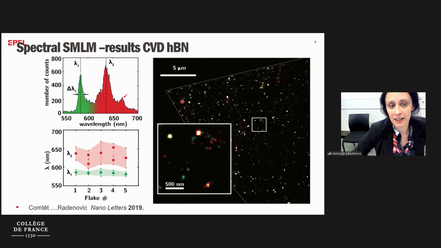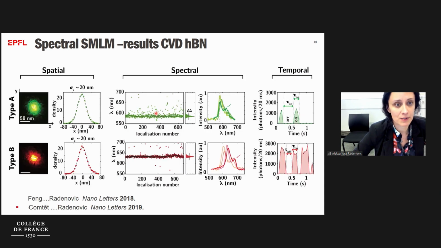So we can then characterize the CVD-grown hexagonal boron nitride in the same way, or this nice hexagonal boron nitride that has been exfoliated and treated with the plasma. So we now have tools to spatially address the location of the defects, to read their spectral signatures, and also to have information about their temporal behavior.